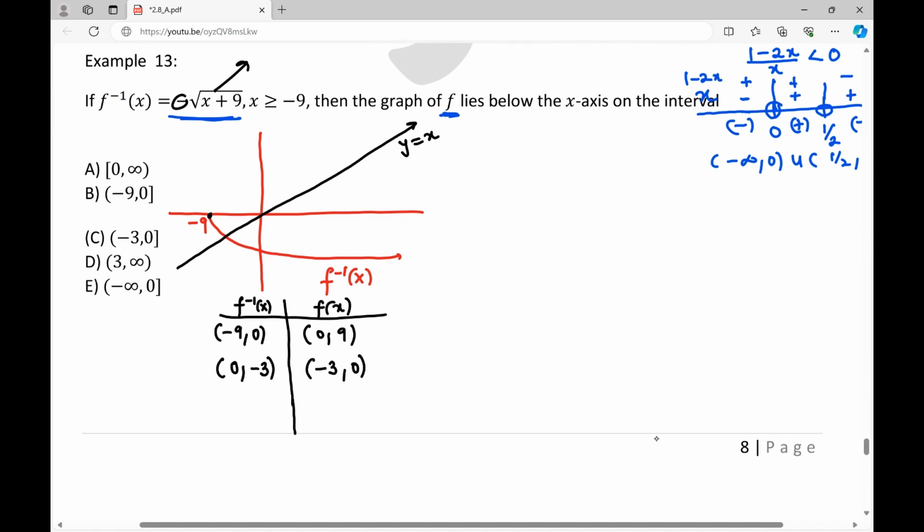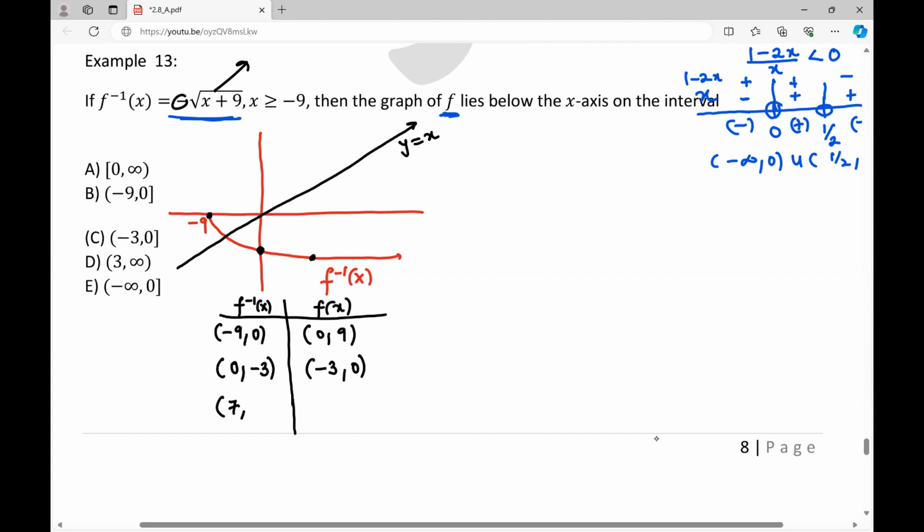Now, we can also try to take more points. We've taken one point on 0 and minus 3, and we can take one more point here. So let's say 7, right?